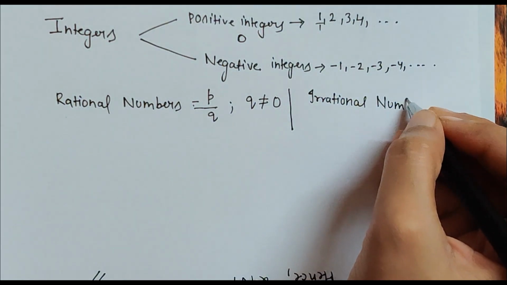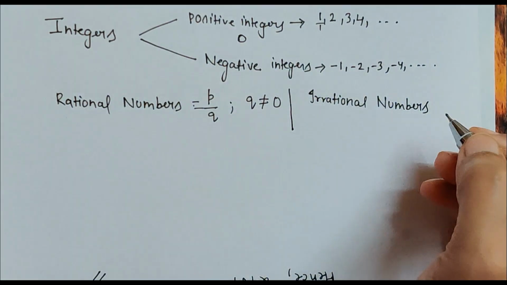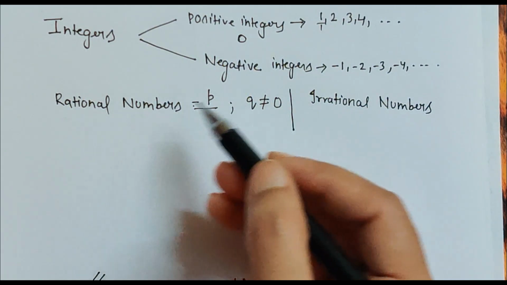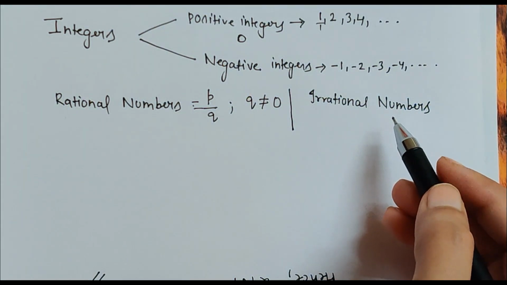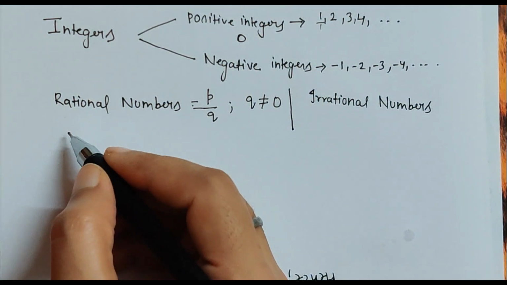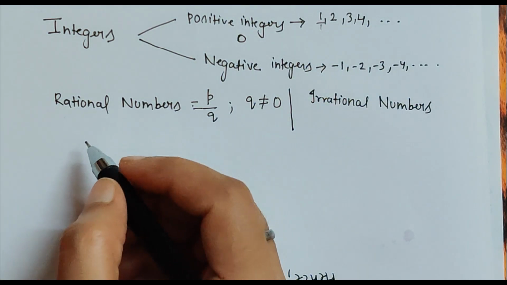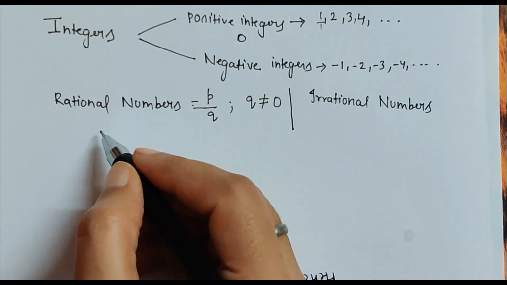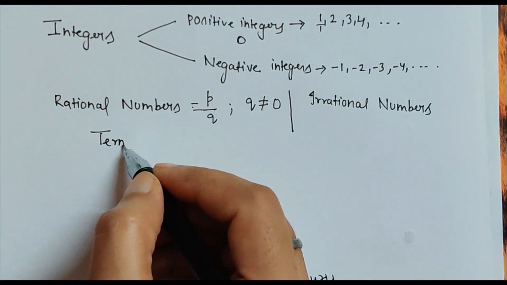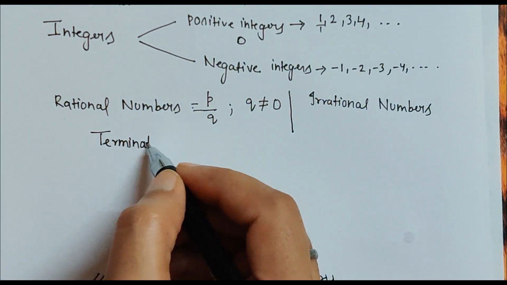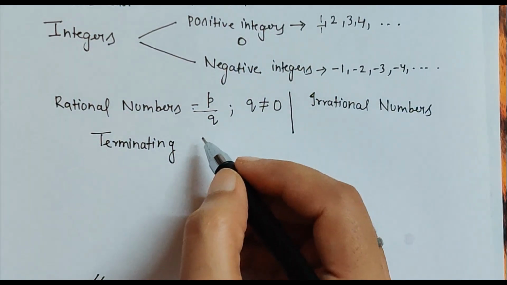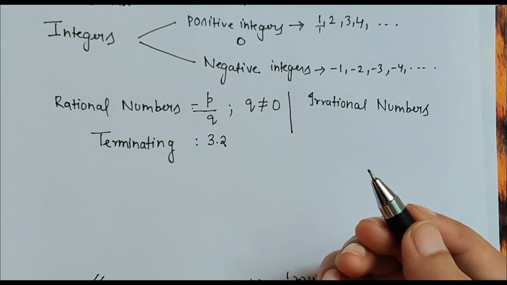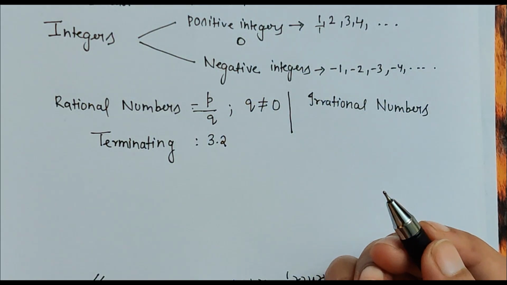Now another important thing to understand is the decimal expansion of rational numbers and irrational numbers. About decimal expansion, let us first understand the decimals which are terminating. For example, 3.2. Terminating means which ends, which stops somewhere.